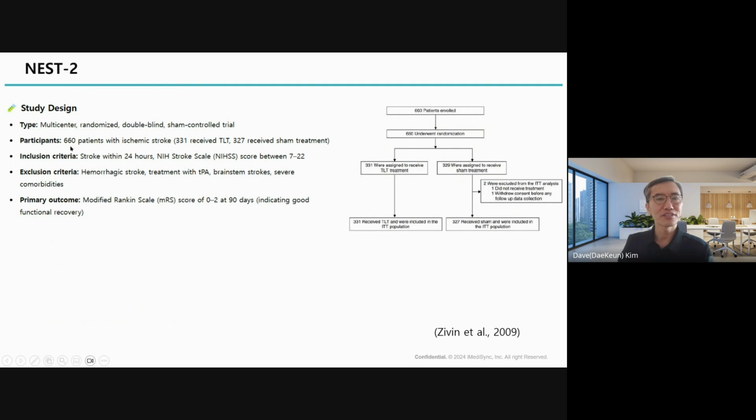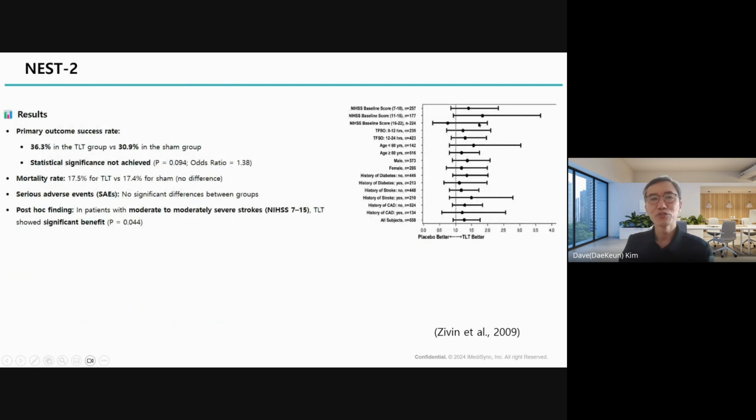NEST2 had 660 patients, with a basically similar research protocol flow. In this case, the primary outcome measure is the modified Rankin scale. But you can see here that this is the post-hoc analysis.